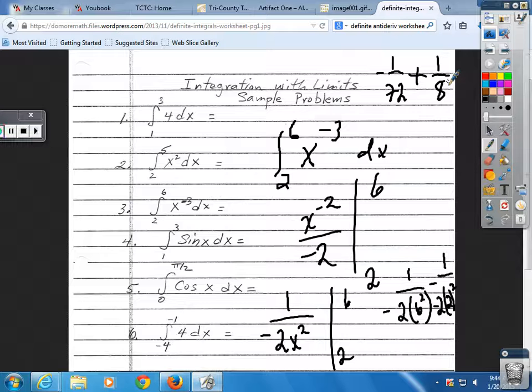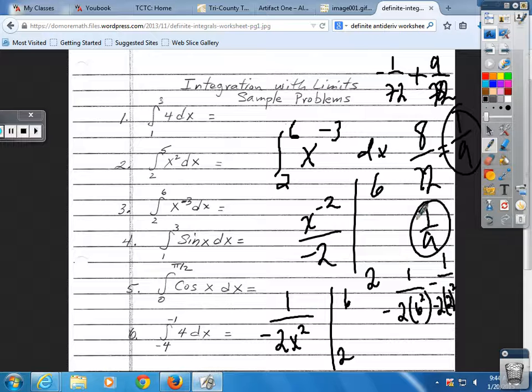What is this? 9 over what? 72? I get 8 over 72, which can be reduced to what? 2 over 18, which is what? Somebody help me out. 1 over 9? Well, that sucks. 1 over 9.